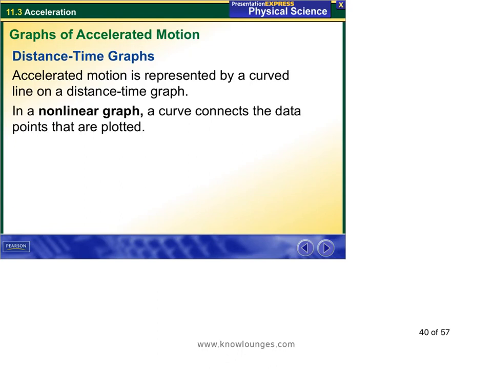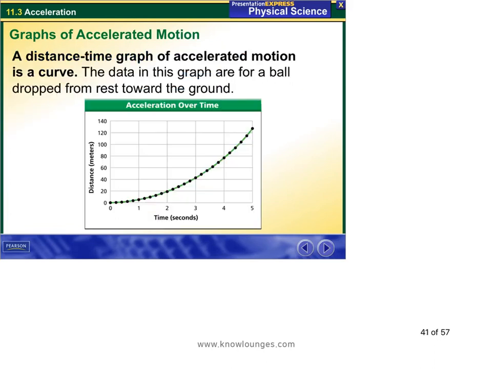As I mentioned earlier, on a distance time graph, we get a curved line. We call that a non-linear graph, and we get some type of curve connecting the points. Here's an example distance time graph. Because this is curving up like this, when it curves up, that means we've got positive acceleration.